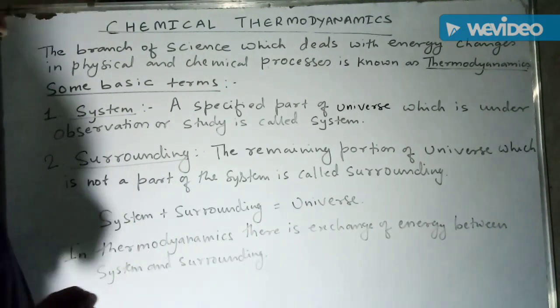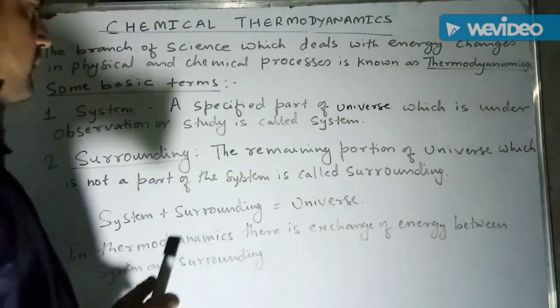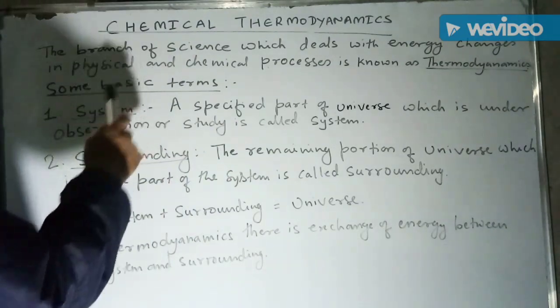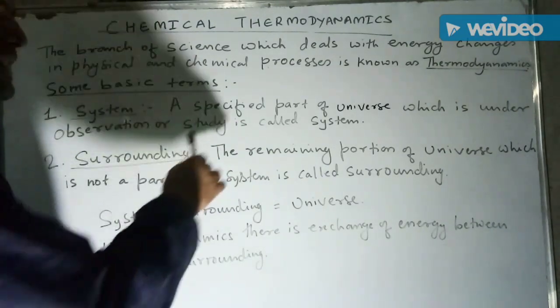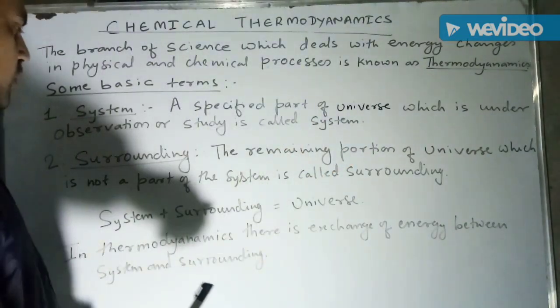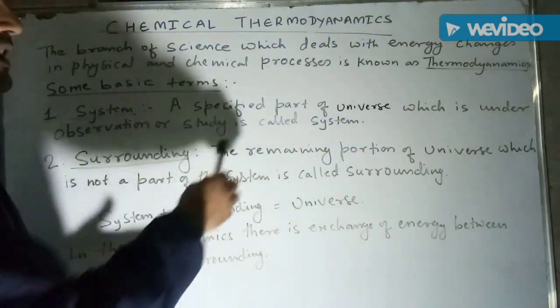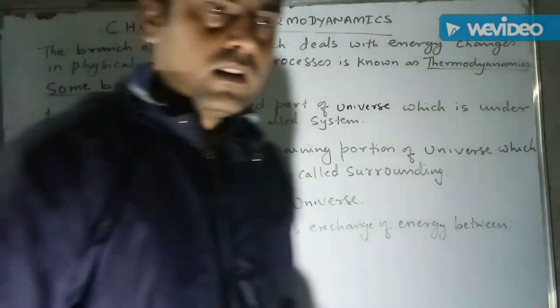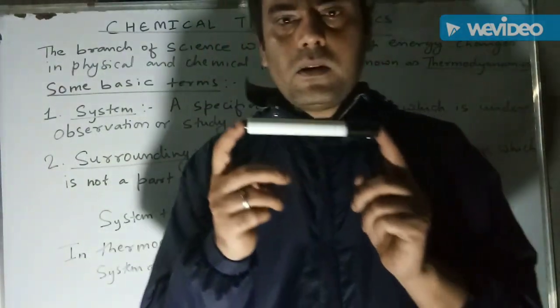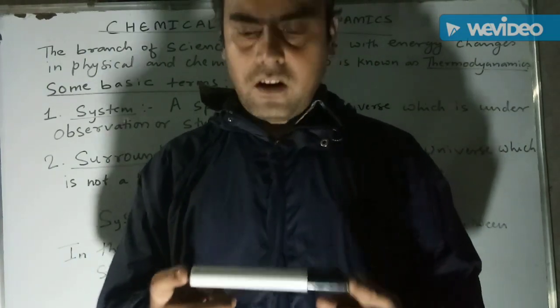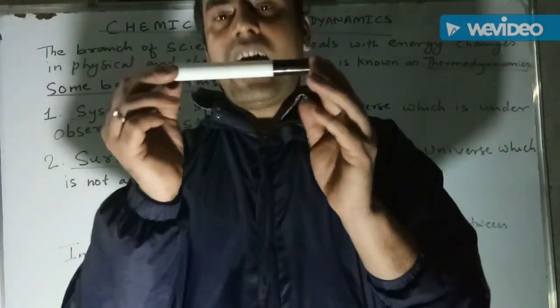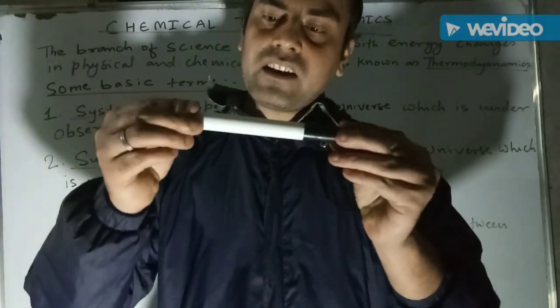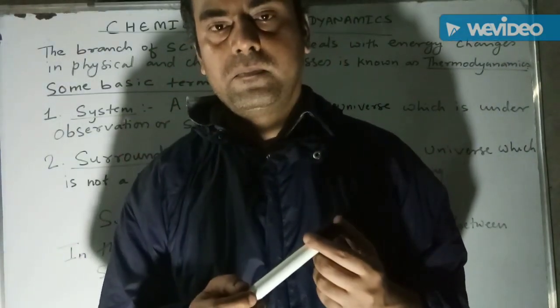So there are some basic terms of thermodynamics. First is the system: a specified part of the universe which is under observation or study is called system. For example, if I am observing or investigating this marker, then this marker becomes the system for me.